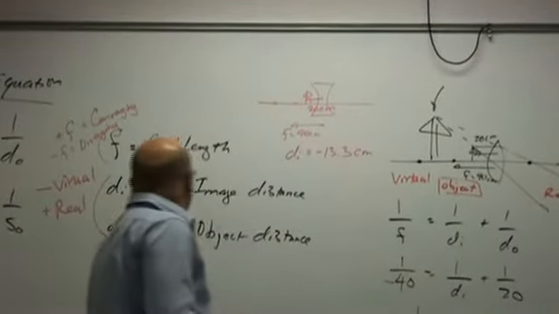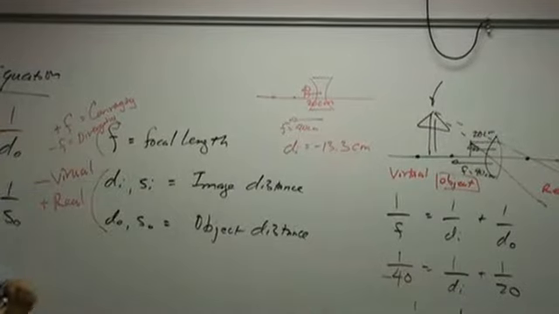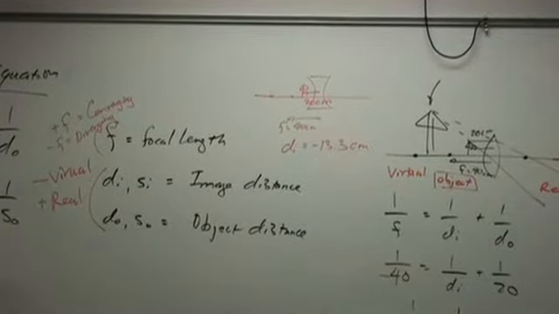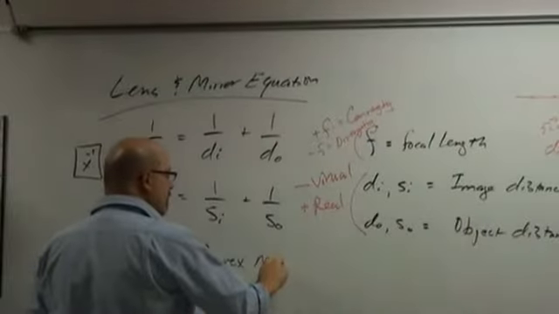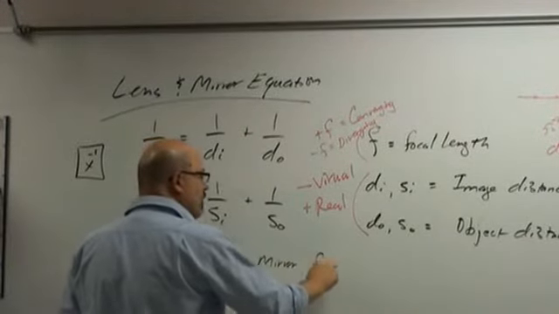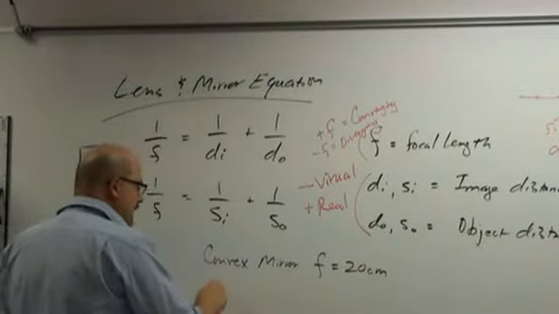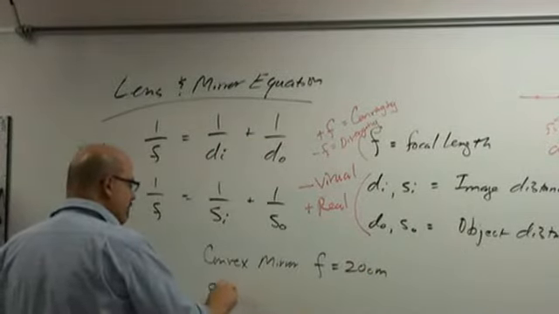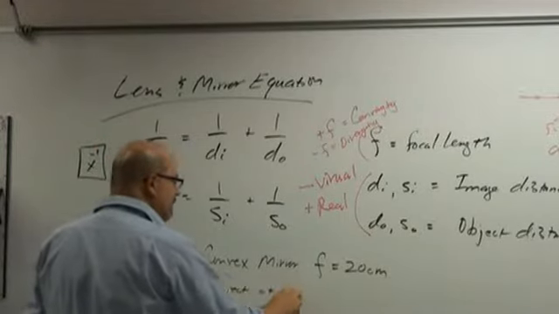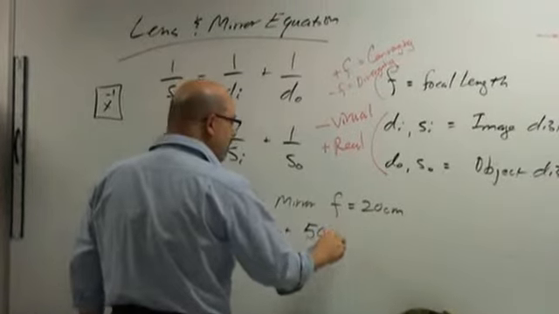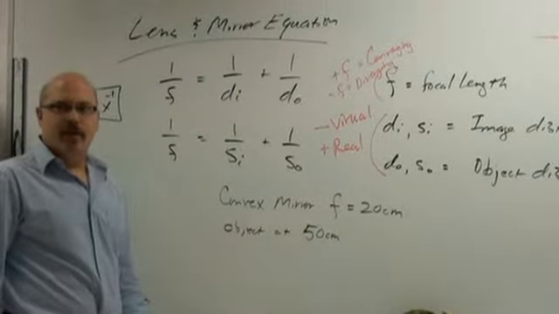Okay? Now, focal length. If they tell you that you have a convex mirror of focal length equals 20 centimeters, and you have an object at, now let's do something different, 50 centimeters in front of the lens, okay?